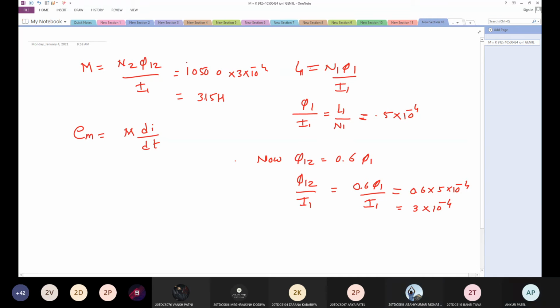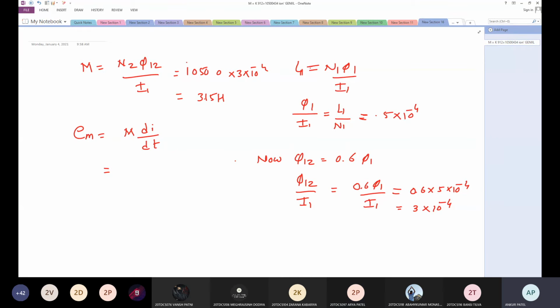Yes, sir. Now find out mutual induced EMF. EM is equal to M di by dt. This M means mutual inductance. EM means mutually induced EMF. Okay. So just remember it. What you are asked, either inductance or induced EMF.